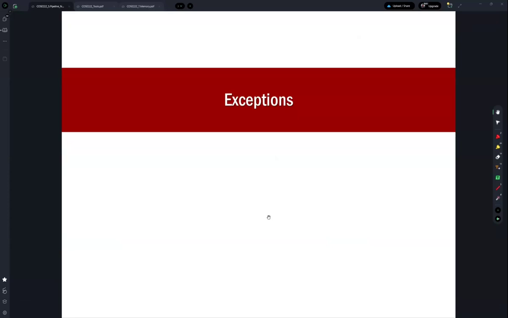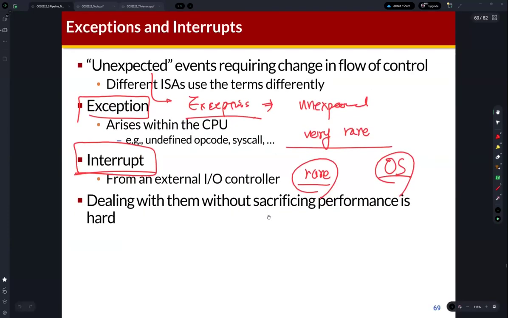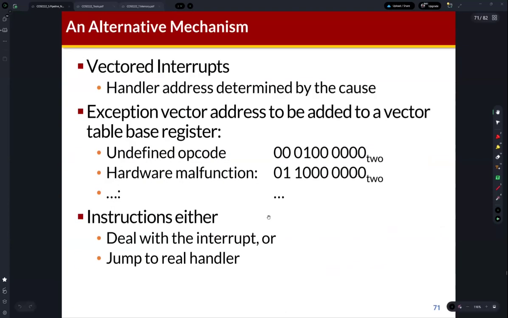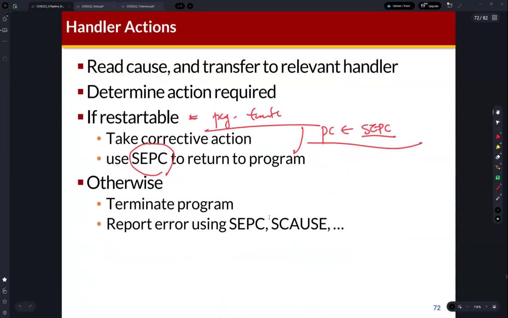So I explained that exceptions need to be supported by processors, right? In order to support exceptions, when an exception is detected, the processor stores the program counter and the causes of the exception, right? And then you also need to understand how the instructions are handled in the pipelines.